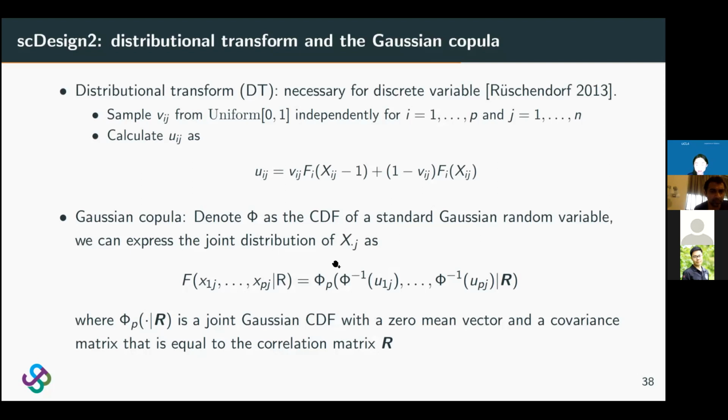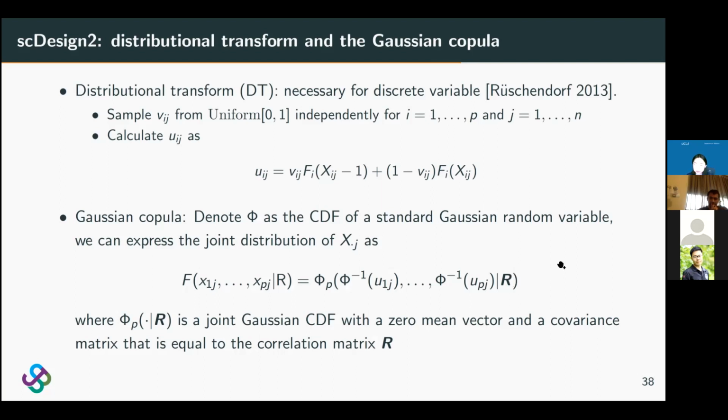And then we make each Uij Gaussian. We apply the inverse of the CDF of the standard normal distribution, the standard Gaussian, so we're essentially transforming each Uij to a Gaussian variable. Then we fit what is called a Gaussian copula, because the joint distribution is described by the correlation matrix.